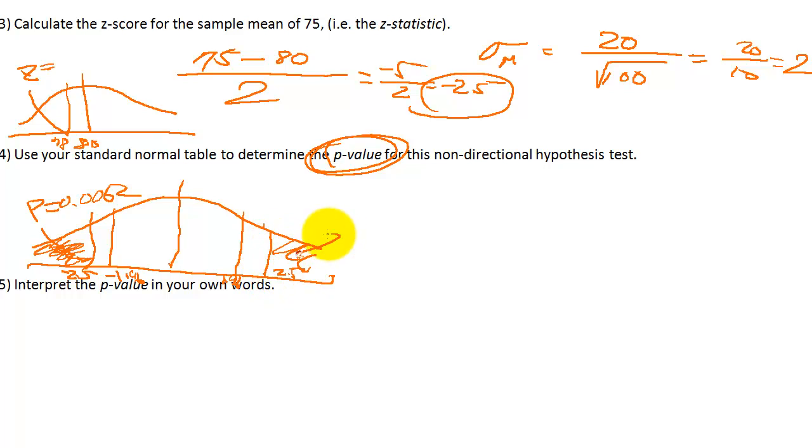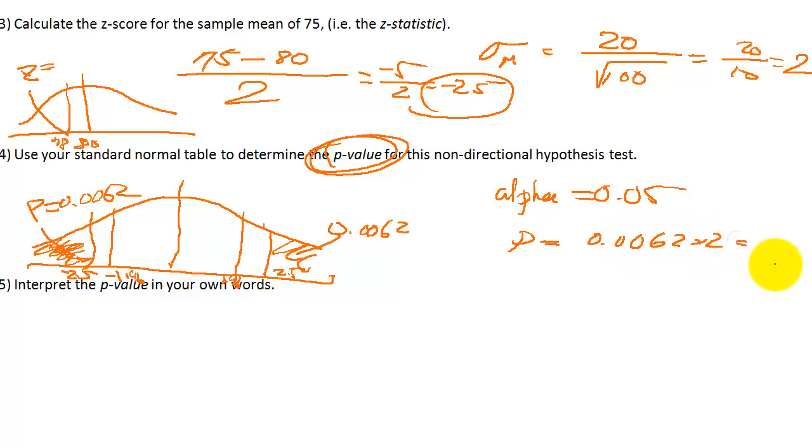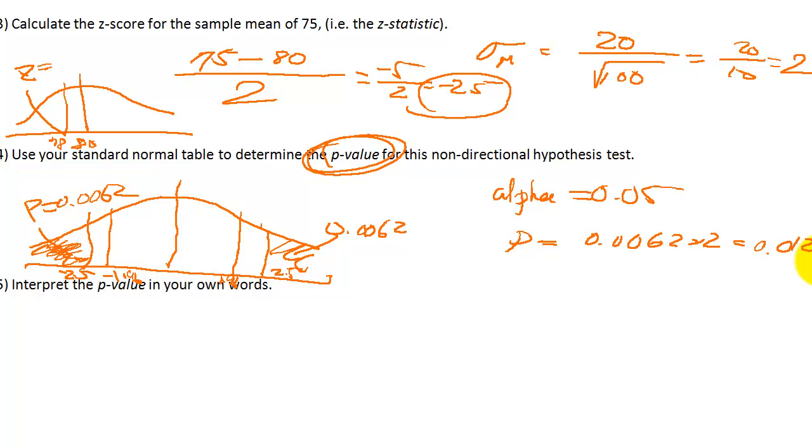At 2.5 it's 0.0062, and on the other side it's also 0.0062. So with alpha level 0.05, the p-value is 0.0062 times 2, which equals 0.0124.